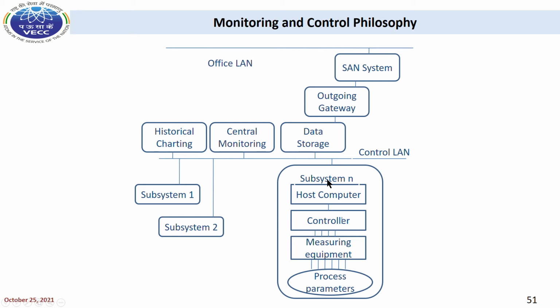For ease of control, the console is shared at the time of beam tuning. There are several dedicated servers for central monitoring of vital parameters, data storage and historical charting.